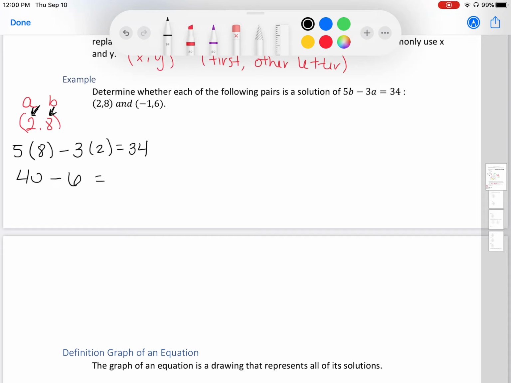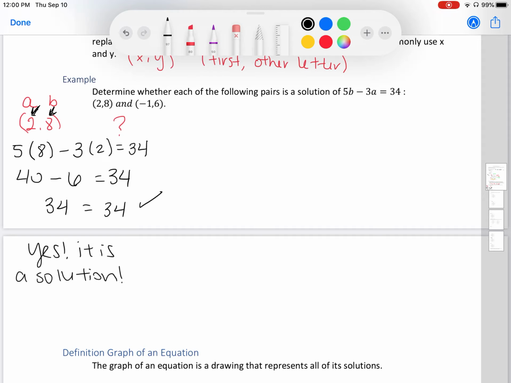Now, this whole time we're asking ourselves, is this true? Does it equal 34? And 40 minus 6, yep, that is 34. So it checks out. So we can say yes, it is a solution. That would be our answer.